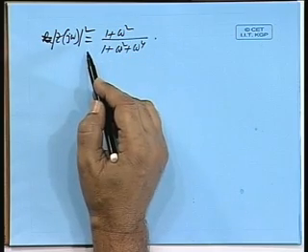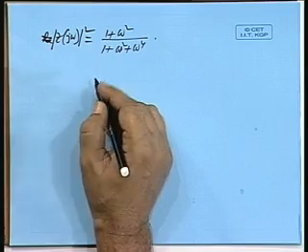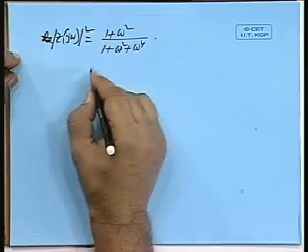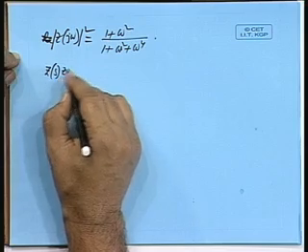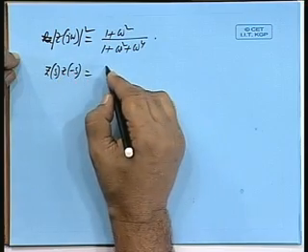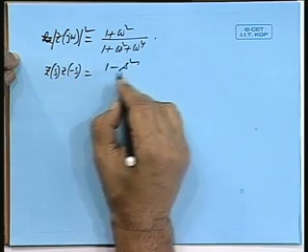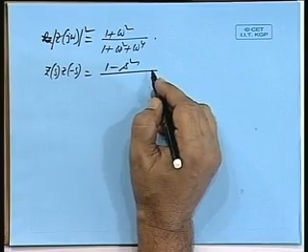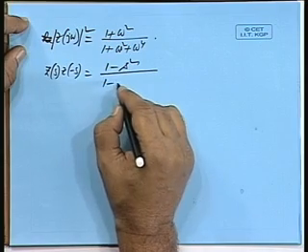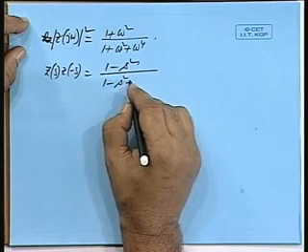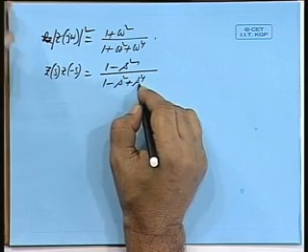If it is Zs squared, then you make the substitution, Z s into Z minus s will be 1 minus s squared divided by 1 minus s squared plus s to the power 4.